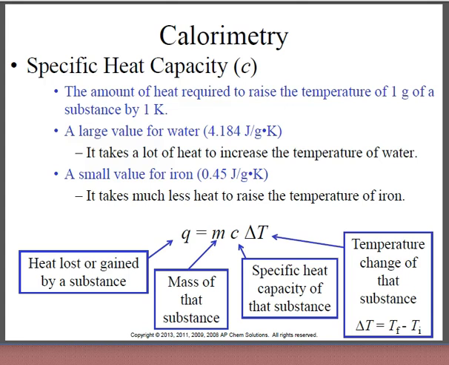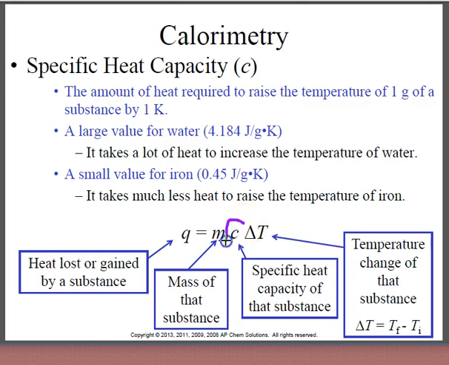And our equation is Q, which stands for heat, equals mc delta T. M is going to be the mass, specific heat is going to be a value for that substance, and then we'll look at the temperature change. Most of the time when we're doing calorimetry experiments, we have 2 different substances, so we have to be very careful.